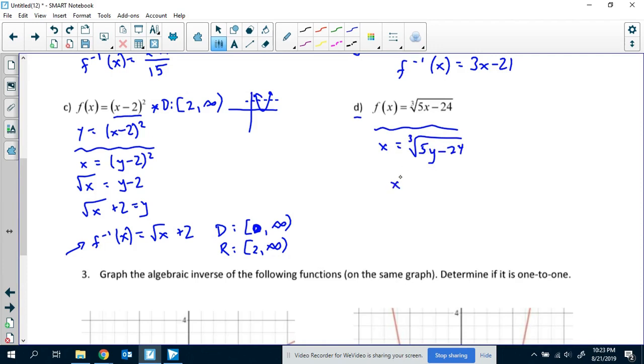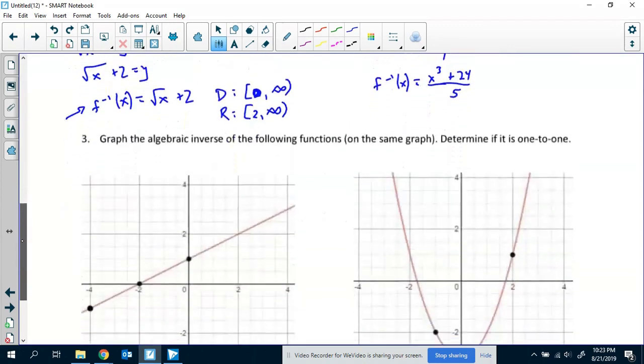I'm going to cube both sides, subtract, or I'm sorry, that should be a minus 24. I'm going to add 24 and divide by 5. So x cubed plus 24 divided by 5 equals y, which I'm just going to write as f inverse of x.